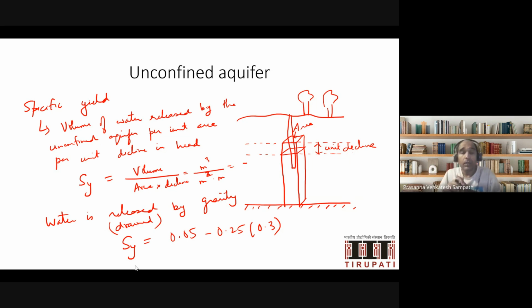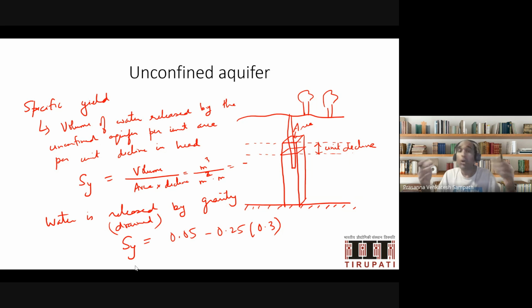Now, the mechanism by which the water is released in an unconfined aquifer is just that the water is draining out by gravity. So I gave the analogy of a sponge that has been saturated with water. If you place it on a table, on a surface, the water that has been saturating the sponge gets released from the sponge just by gravity.